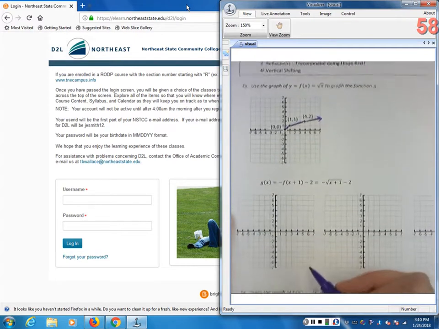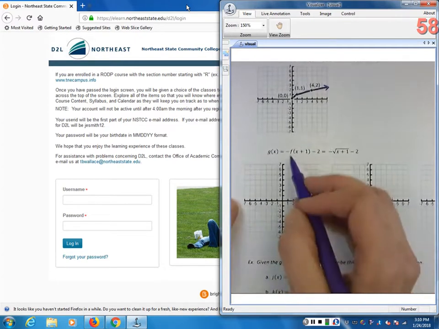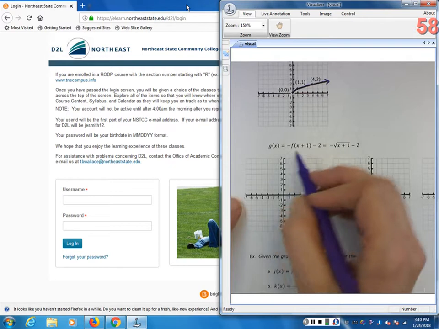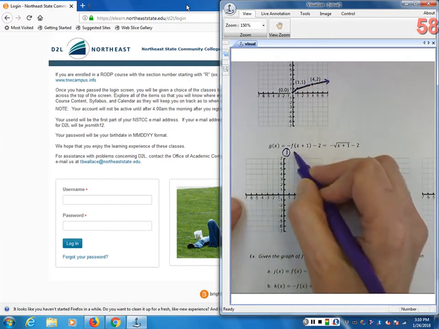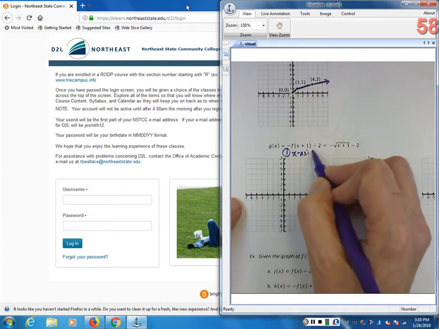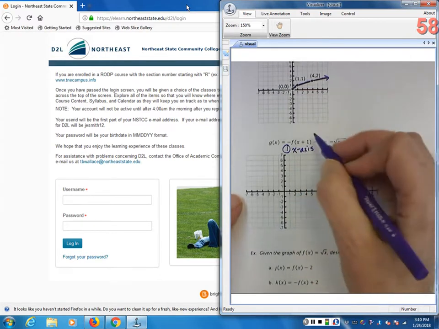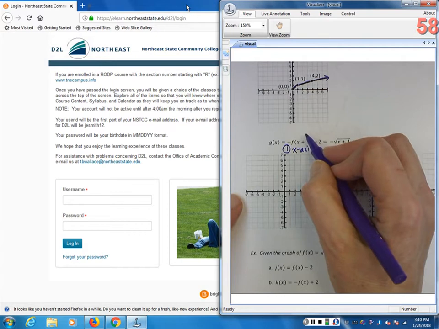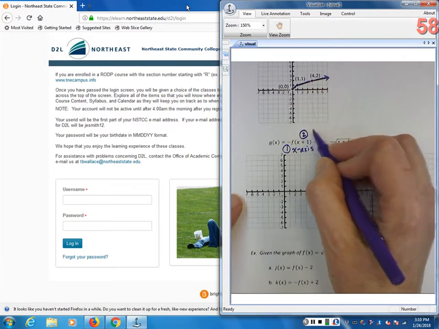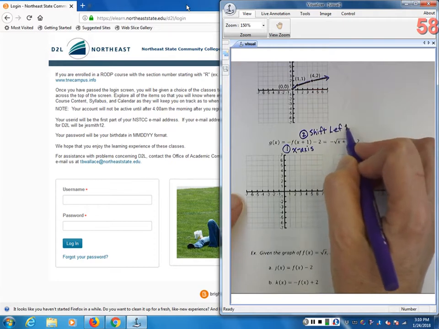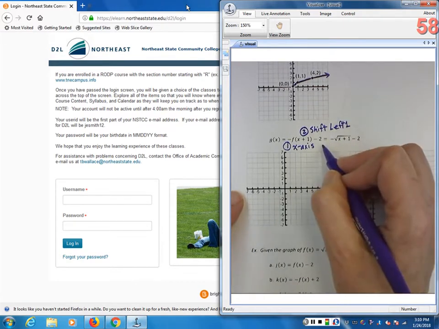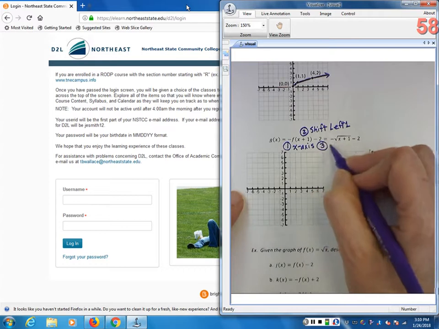All right, so we're going to graph this. We're going to do the reflection first about the x-axis, and then we are going to do a horizontal shift left 1, and then we're going to shift down 2.